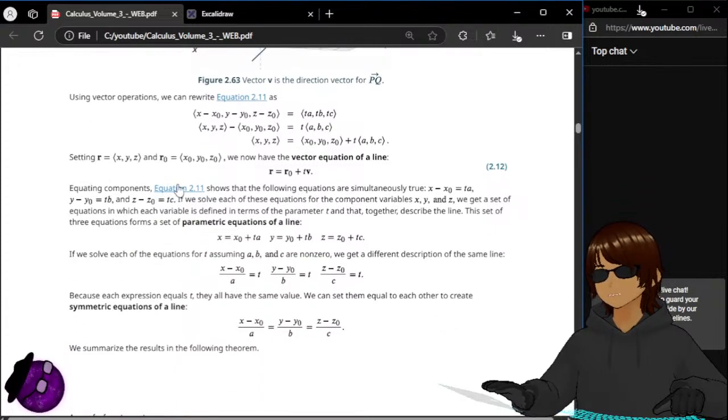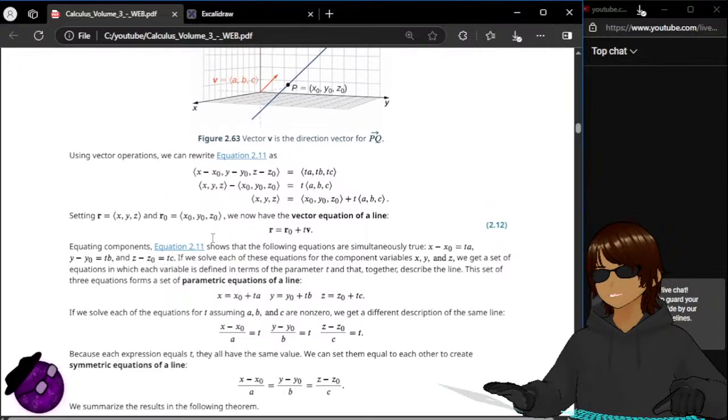Equating components. Equation 2.11 shows that the following equations are simultaneously true. So x minus x0 is equal to ta, y minus y0 is equal to tb, and z minus z0 is equal to tc. If we solve each of these equations for the component variables x, y, z, we get a set of equations in which each variable is defined in terms of the parameter t that together describe the line.